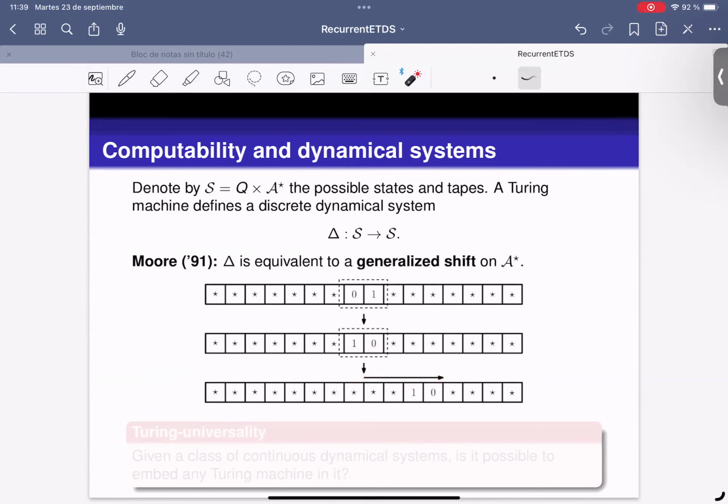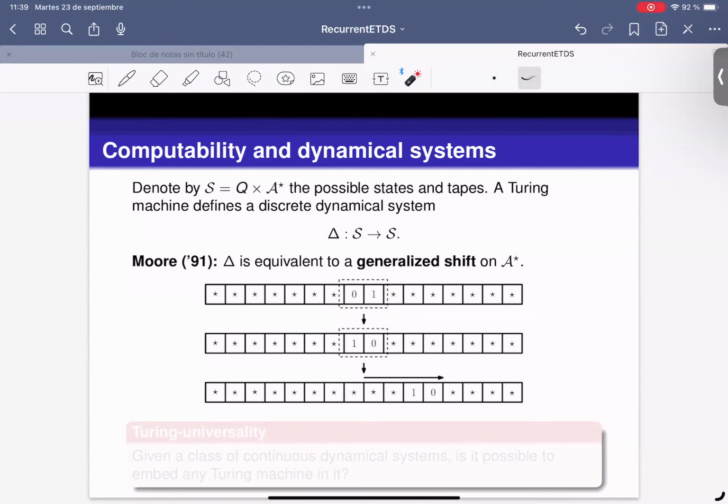So that's the idea of a generalized shift. It's a discrete dynamical system determined by a fixed window size, here 2, and for every possible sequence in the window, it does two things. First, it substitutes what you have in the window by another string, and then it shifts a certain amount of positions.